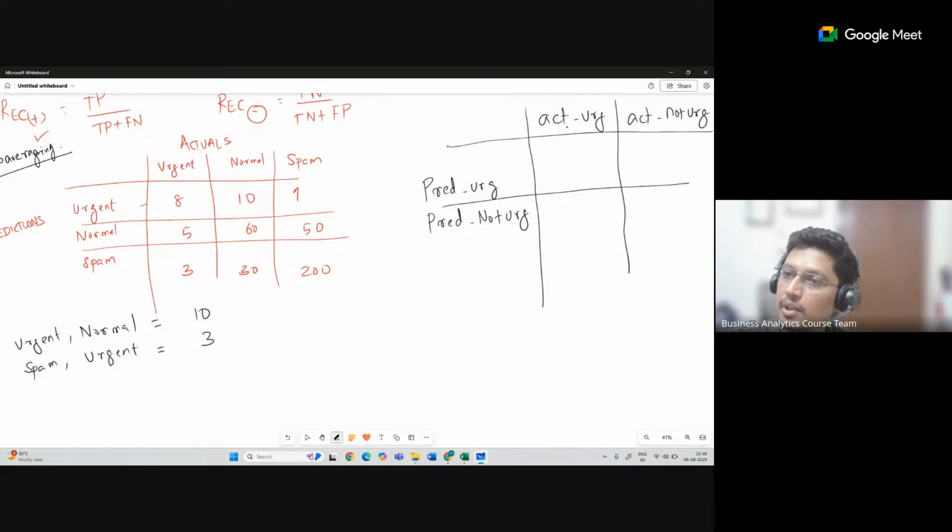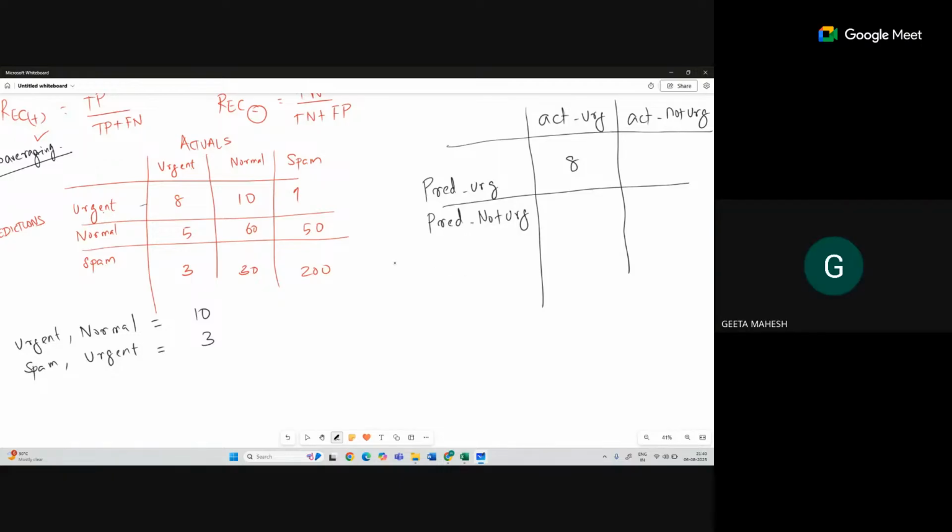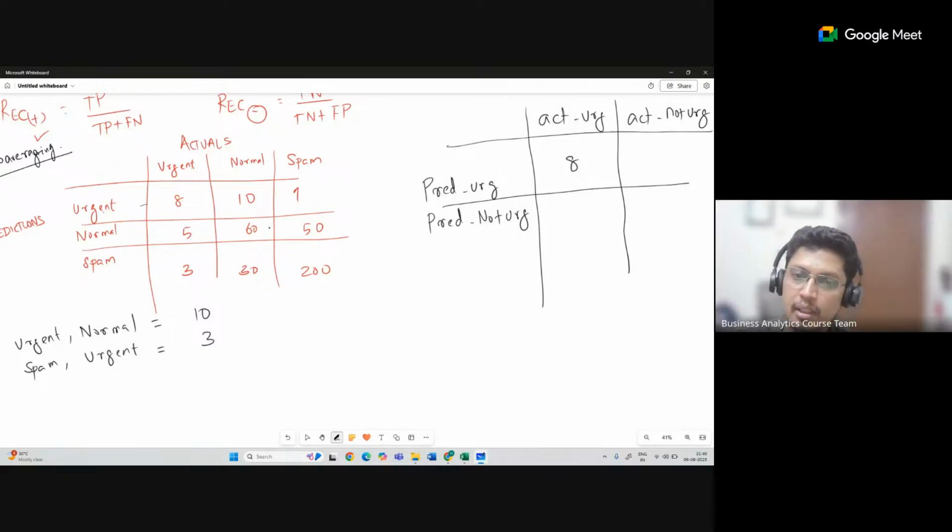Prediction is urgent, actual is also urgent. It is 8. What is prediction not urgent, actual also not urgent? It is 200 plus 50 plus 60 plus 30, which is 340.